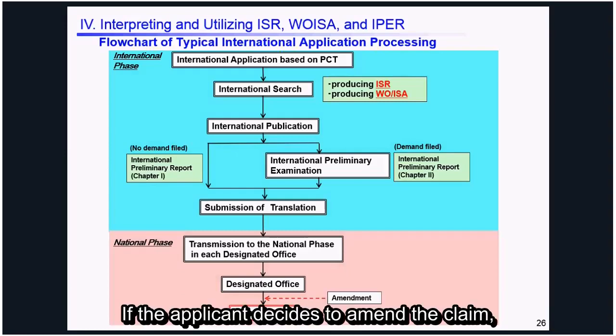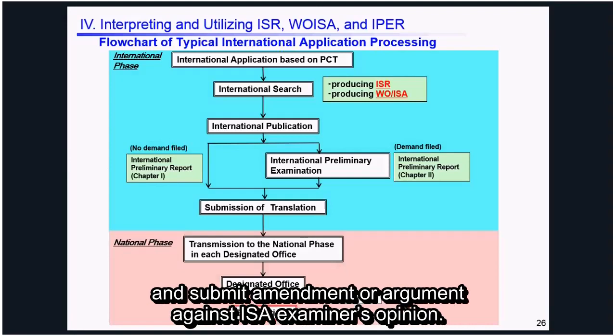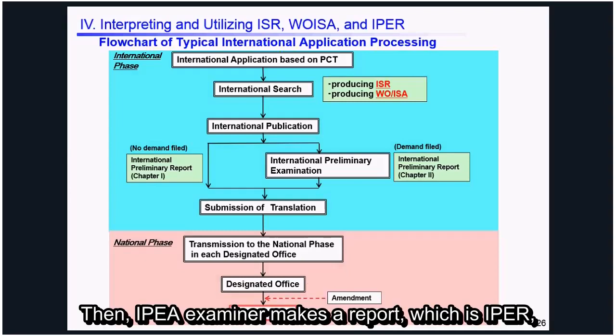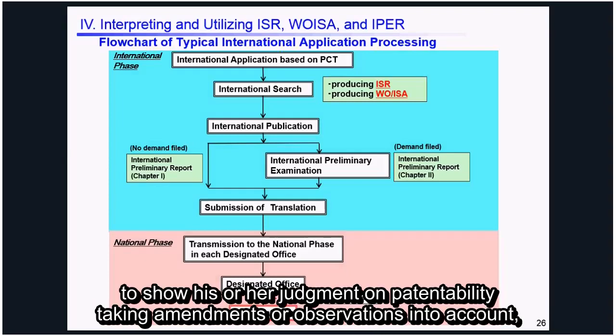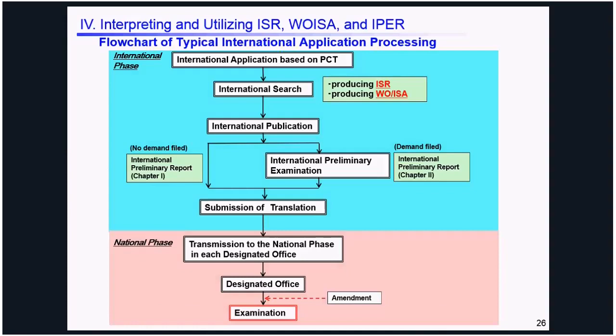If the applicant decides to amend the claim, the applicant can file a demand for international preliminary examination and submit an amendment or argument against the ISA examiner's opinion. Then, the IPER examiner makes a report, which is the IPER, to show his or her judgment on patentability, taking into account amendments or observations that the applicant has made during the process.